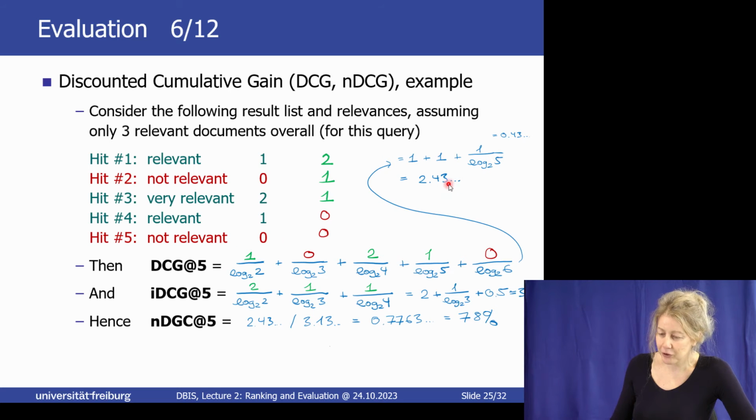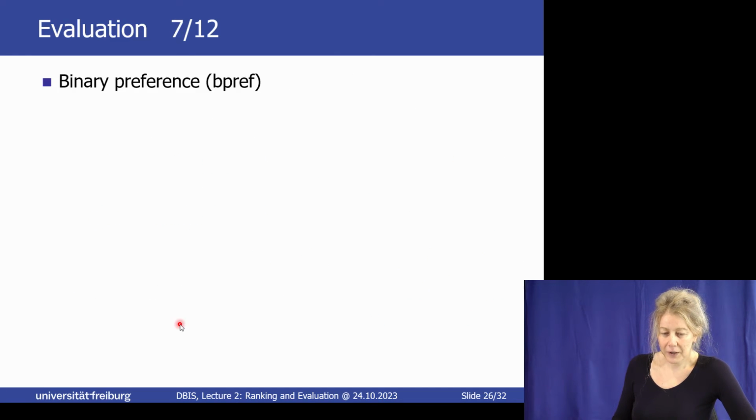No, it's not bounded by 1. It can be larger than 1, right? Only the NDCG is a number between 0 and 1. So there are some things to understand here, and you can ask simple math questions about it.